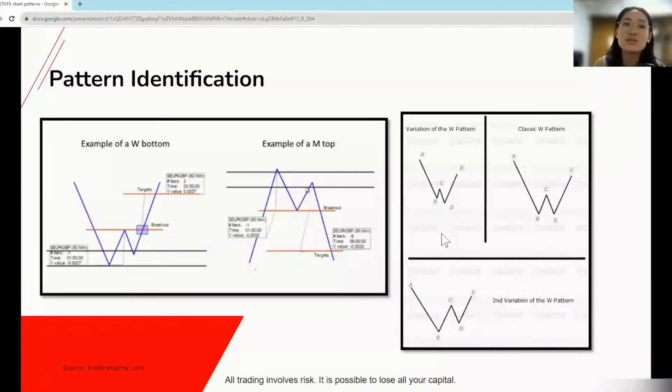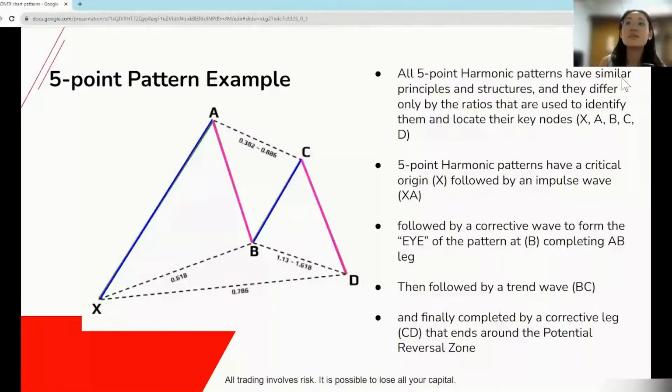Even though it's slightly different and uses a bit more Fibonacci tools, ultimately the theory behind it, and how you use it, is about the same. Breakout or upside confirmation occurs when price breaks out of this neckline area. If we're talking about an M top, breakout or downward confirmation happens when price breaks out of this neckline. So pretty similar to what we talked about earlier.